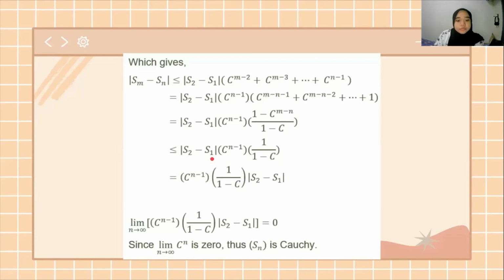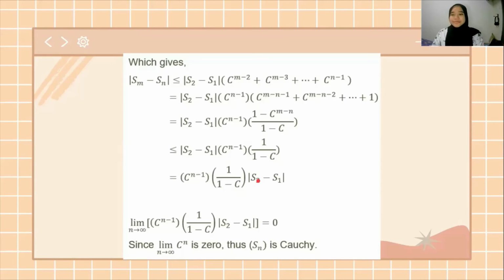So we will take the equation and put in the limit as n goes to infinity. So we take the equation, we will get 0. Since the limit as n goes to infinity of c^n is 0, thus this sequence is a Cauchy sequence. That's all for me. We proceed to the next questions.